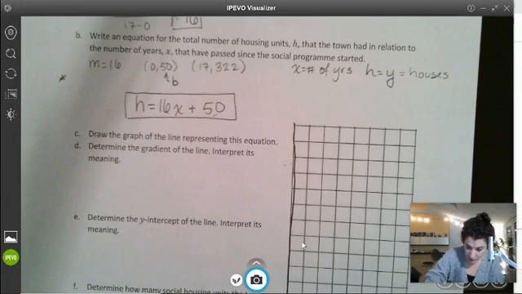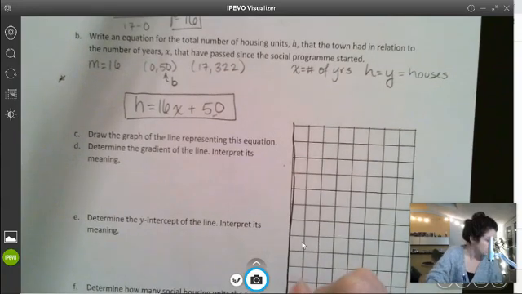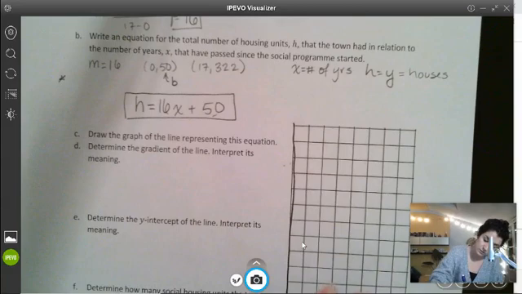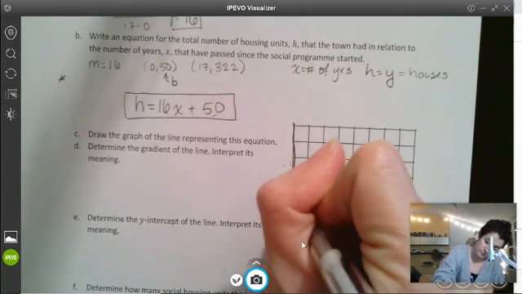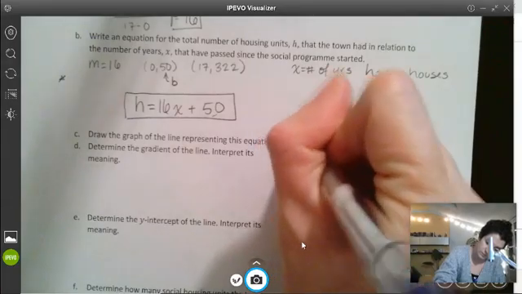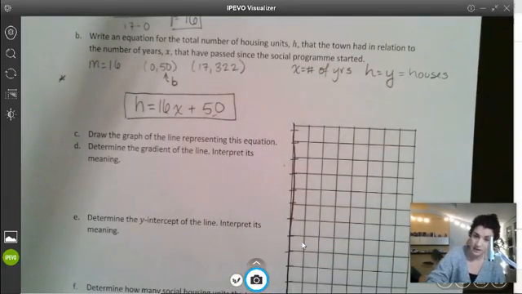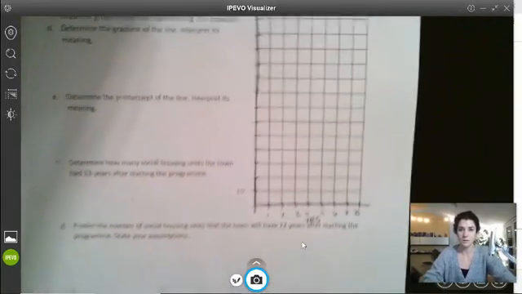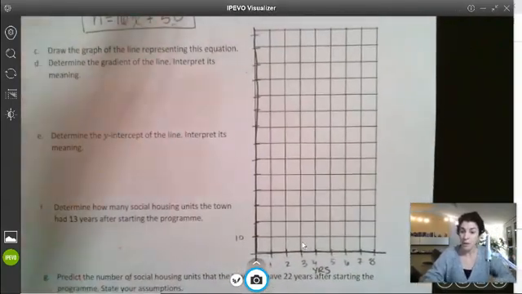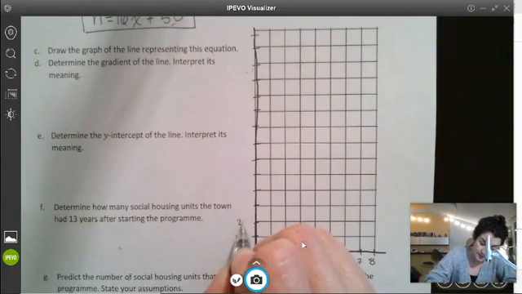This is years. And let's make the y-axis go up by 10s.